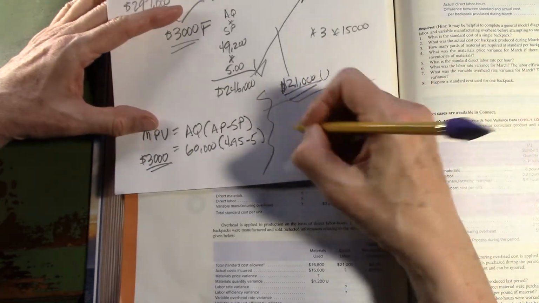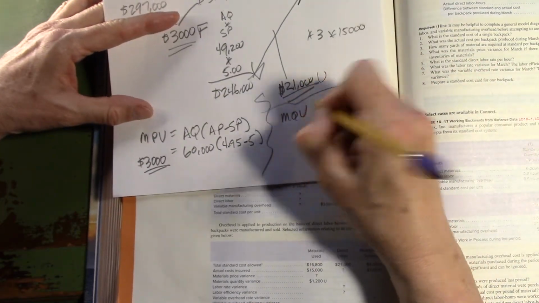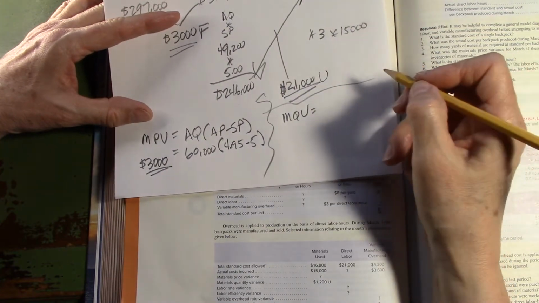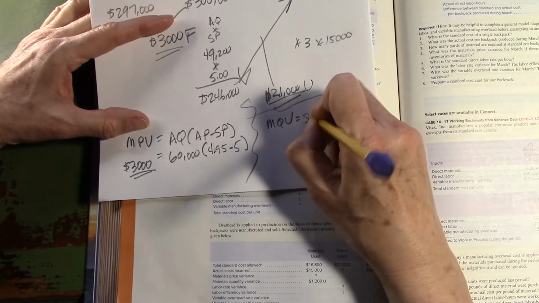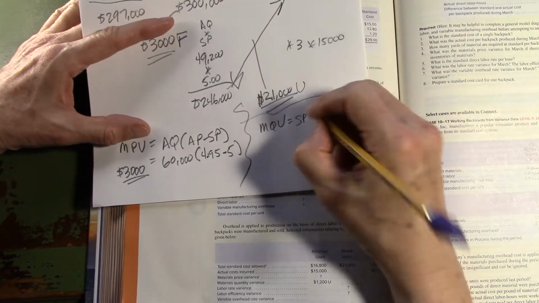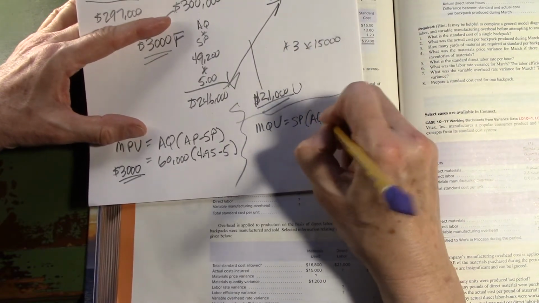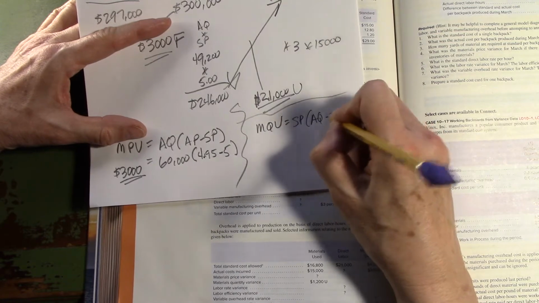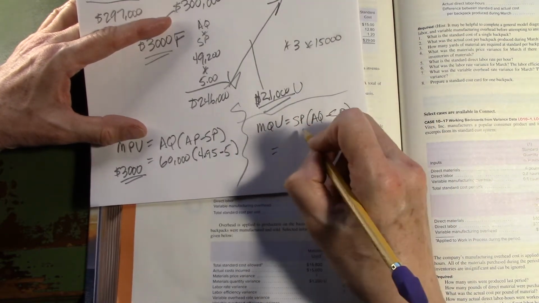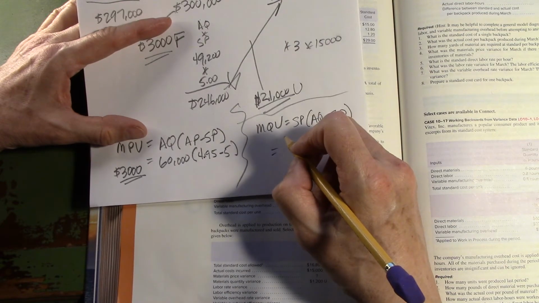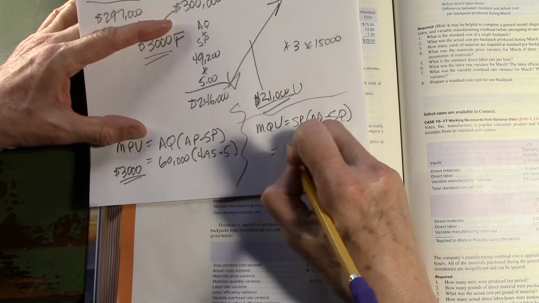My material quantity variance is equal to SP, standard price, times actual quantity minus standard quantity. So that's equal to 5, right?